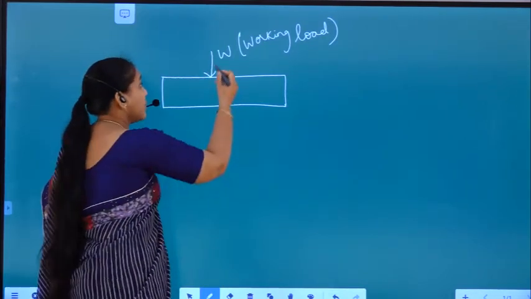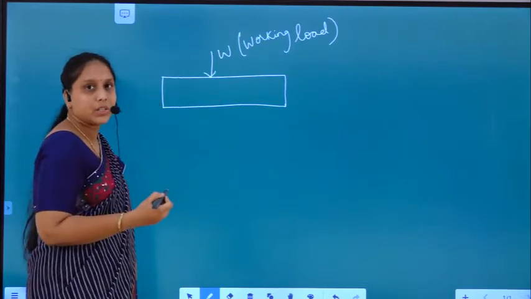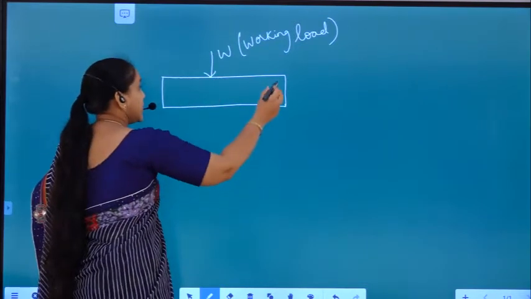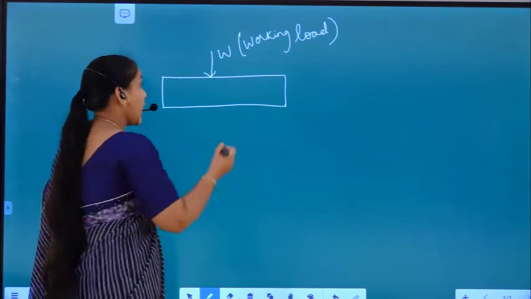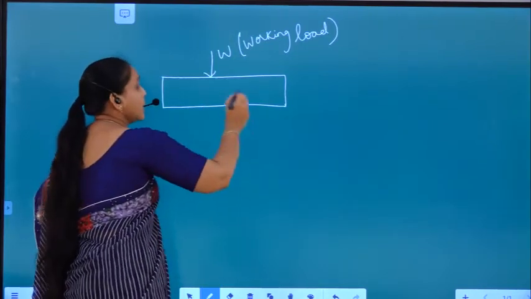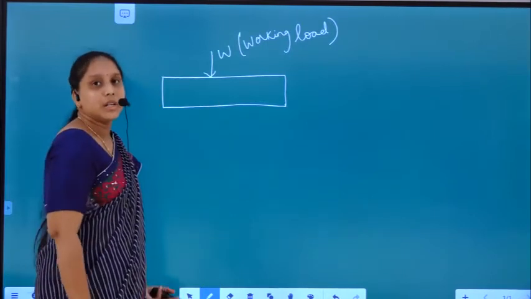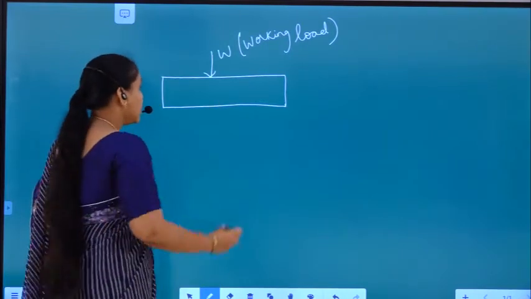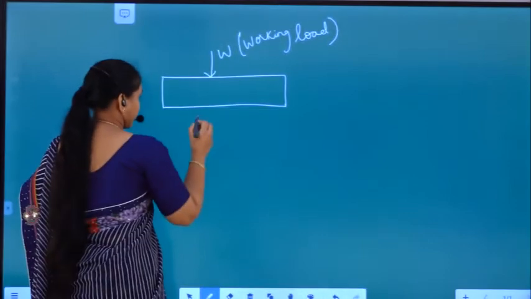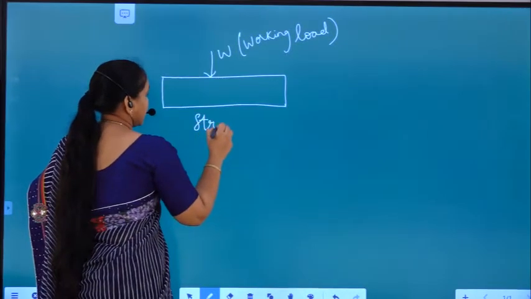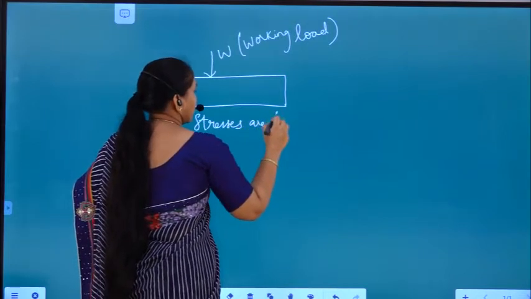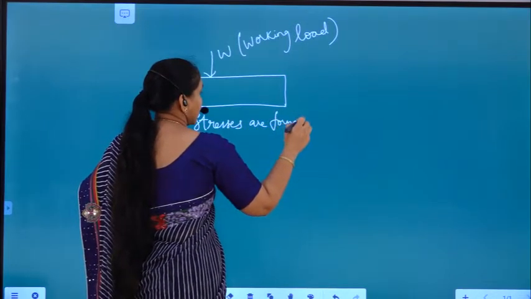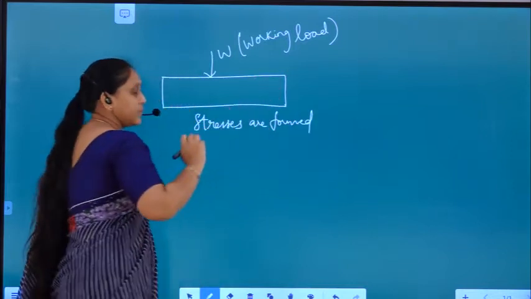What happens when some load is acting on a structural member? It starts deflecting, isn't it? And within the member, some stresses are formed.